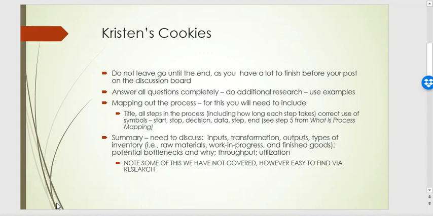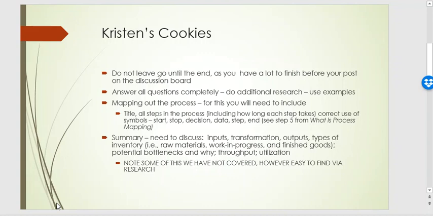You'll be mapping the process out just like you did for the car wash and for your real-world case study. Remember, if I haven't given you feedback yet by the time you listen to this, what you do need to include are a title, all the steps in the process, including how long you think each step might take.